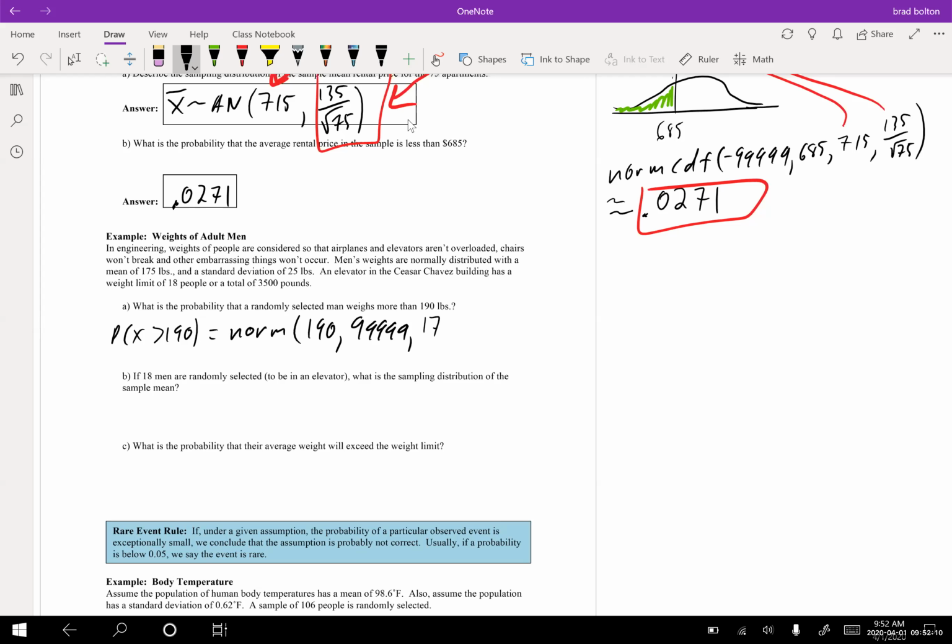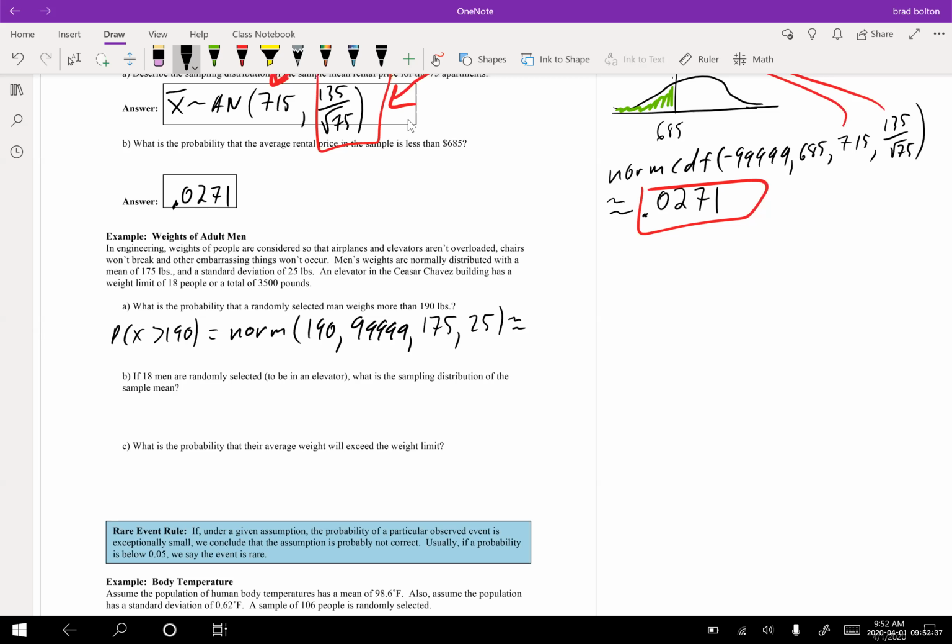What do they say? 175 mean and a standard deviation of 25. Now again, why am I not dividing by the square root of n? Well, technically, I guess you could say I am. What's the square root of one man? Well, that's just the square root of 1 is 1. So it's like you never even noticed. So let's see what we get when we do that. So normal CDF, 190.